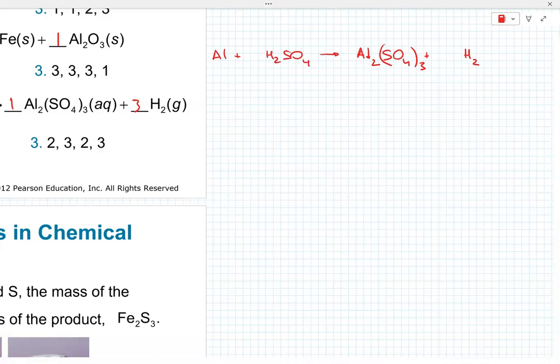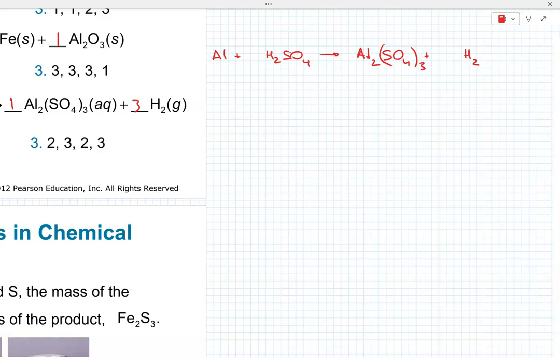So we're going to lay it out. The first impetus is to put aluminum, sulfur, oxygen, hydrogen. Don't. Remember, SO4 is a polyatomic anion. It behaves as a single entity. Does that make sense?